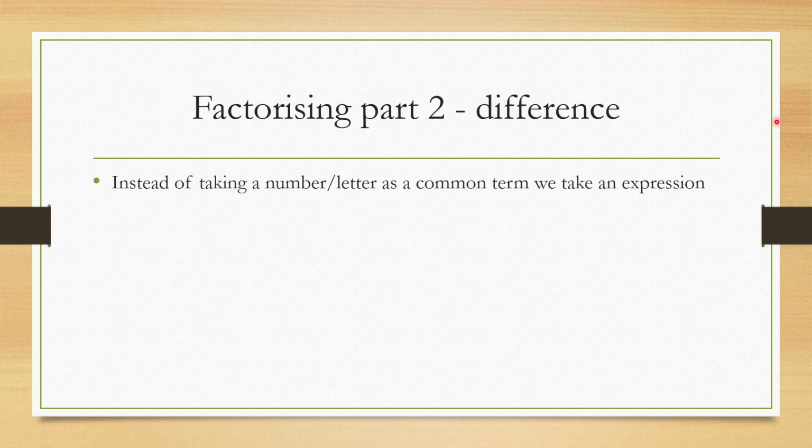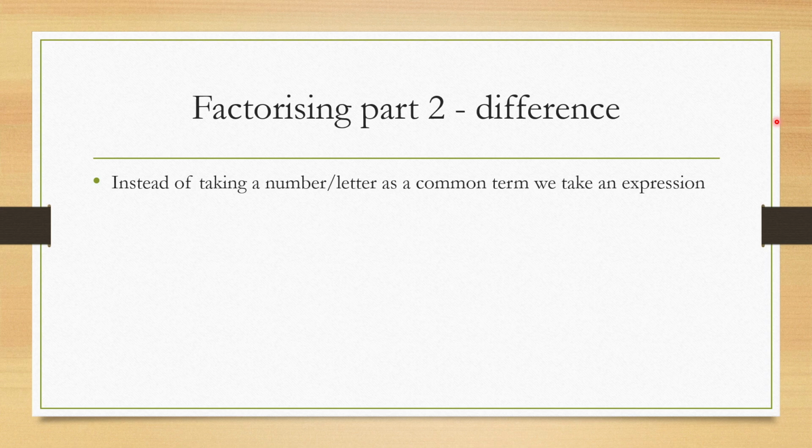The main difference is that instead of taking a number or letter as a common term, we take an expression. So as you remember from what we did just now, previously we had 2 sets of brackets and we expanded out to give one full expression.